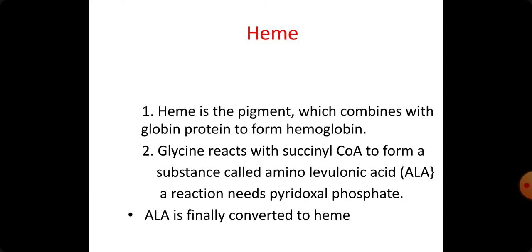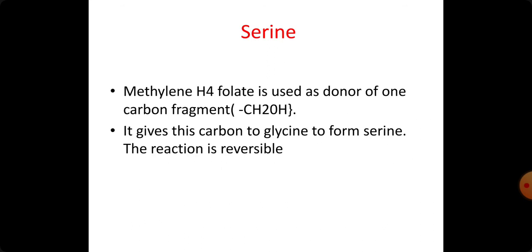This heme is then utilized by different proteins like hemoglobin and many enzymes which are hemoproteins in nature. They depend upon this heme. So glycine becomes an important part of heme containing enzymes and proteins.